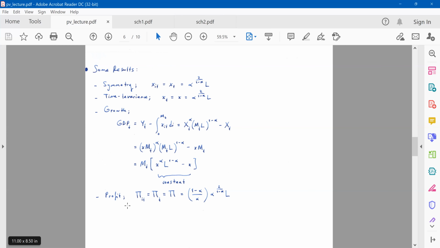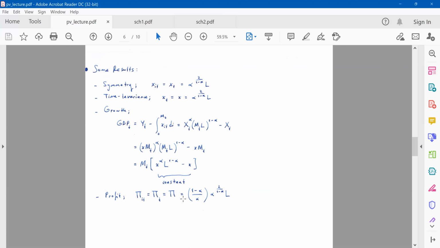And finally, we can write the profit. Okay. And as you see, profit is also symmetric, right? Because profit is solely depending on the supply, X. And once you do the math, you get this result. Okay.